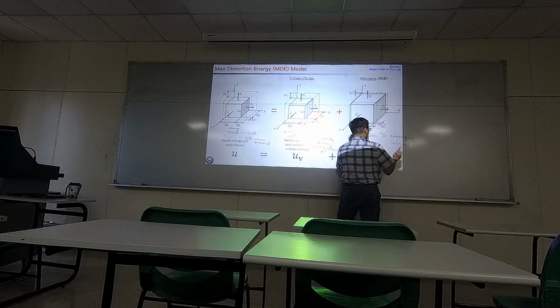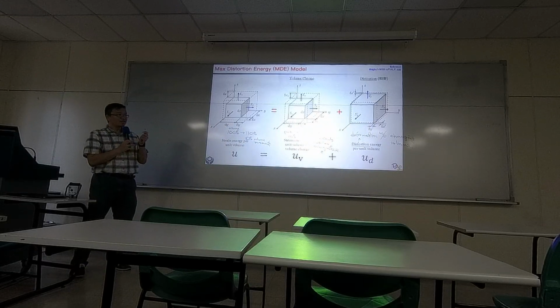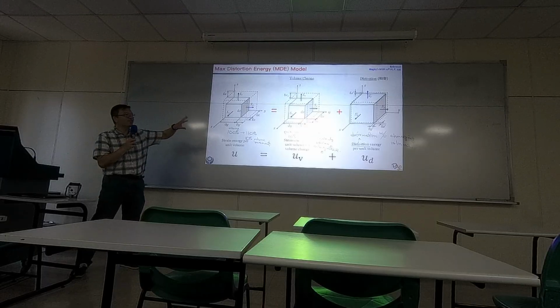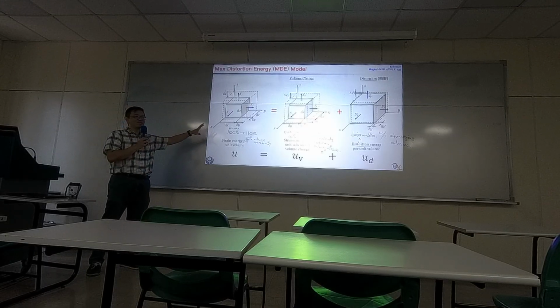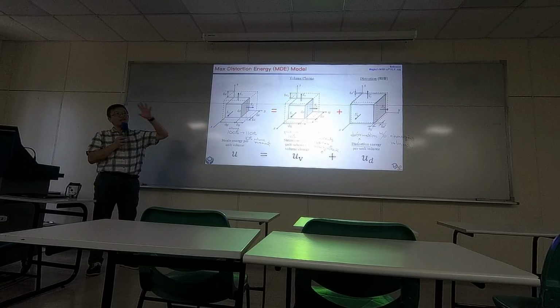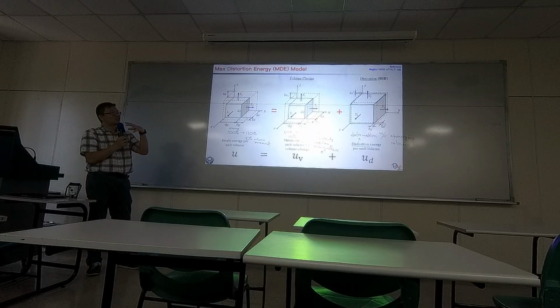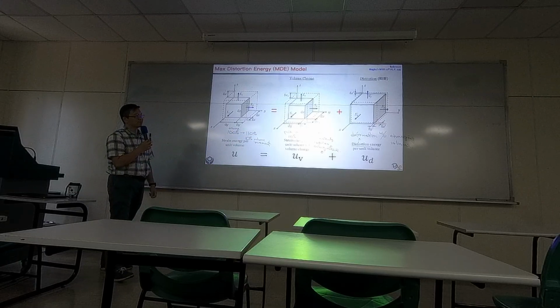Okay? So it's kind of like separating two effects from the general effect. One portion is a pure volume change. The other portion is the change of shape without volume change. That part is called distortion.